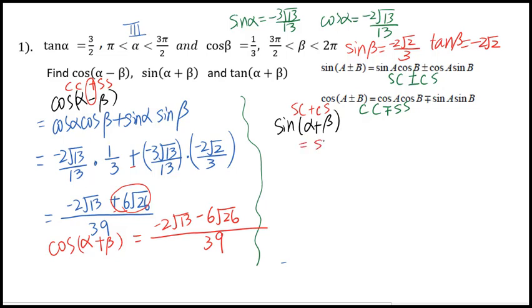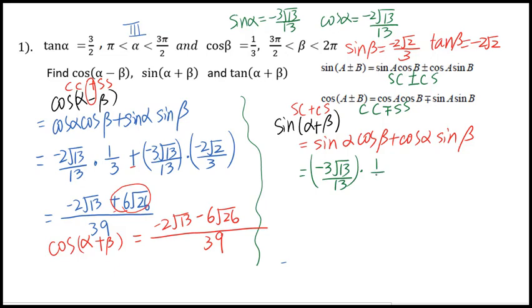So you will get sine alpha cosine beta plus cosine alpha sine beta, equals sine alpha, which is -3 square root of 13 over 13, times cosine beta, that is 1 over 3, plus cosine alpha, that is -2 square root of 13 over 13, times sine beta, that is -2 square root of 2 over 3.